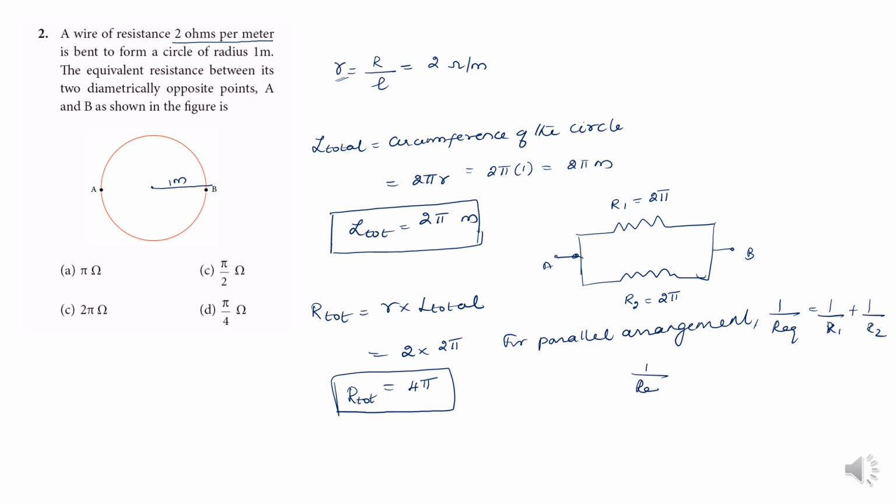So 1 by R equivalent is equal to 1 by 2 pi plus 1 by 2 pi, which is 2 by 2 pi, which is 1 by pi. Therefore, R equivalent is equal to pi ohms.